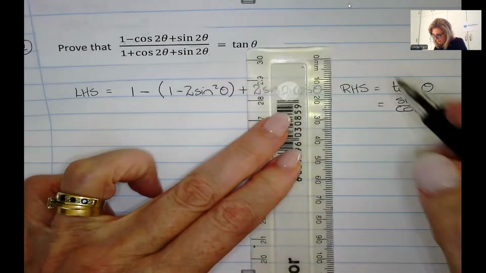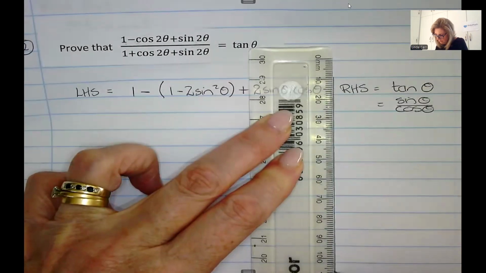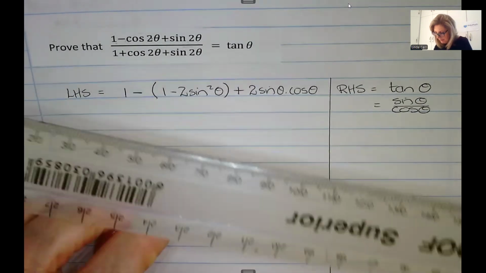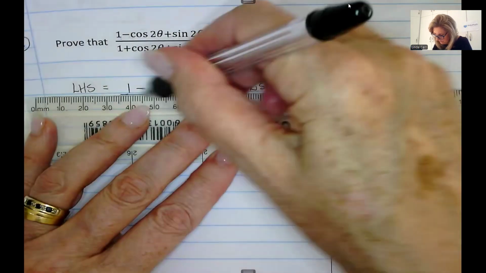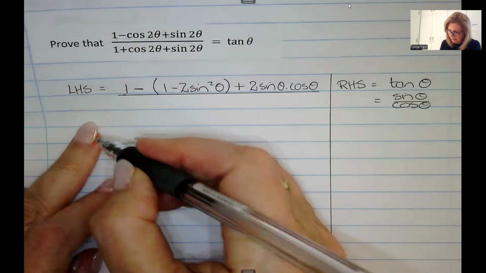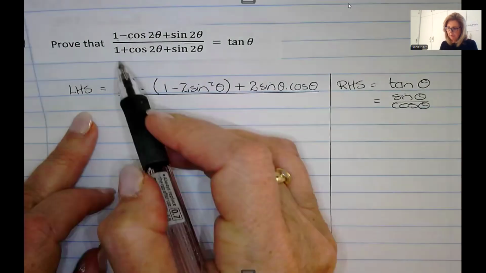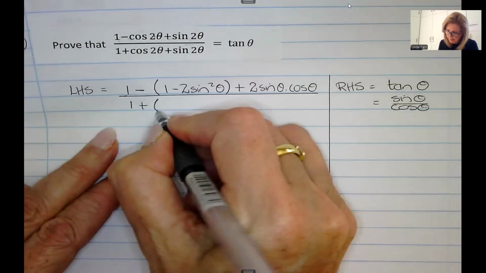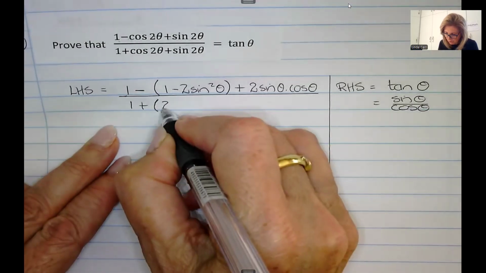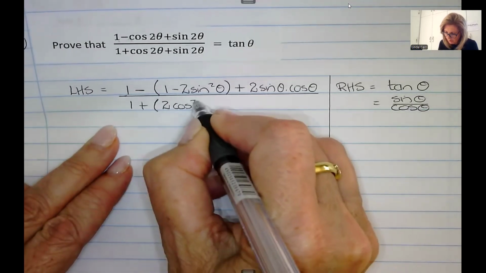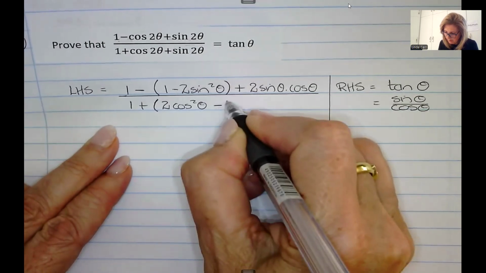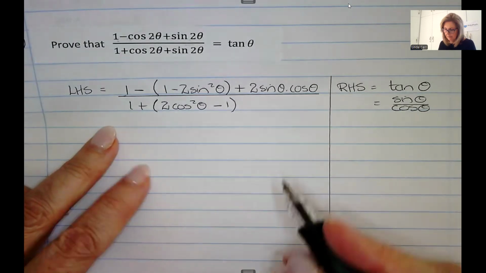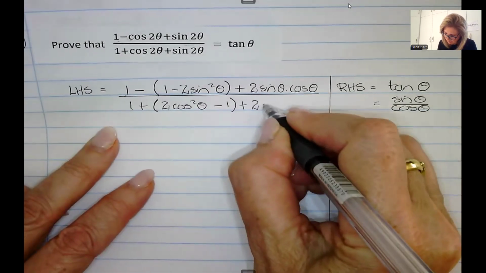Okay, before this gets too messy, let's just draw a line. In my denominator, I have a similar but opposite problem because now there's a plus in front of the cos 2 theta. So now I'm going to pick the 2 cos squared theta minus 1 option because then I've got a 1 minus 1. Okay, and then this will be the same.